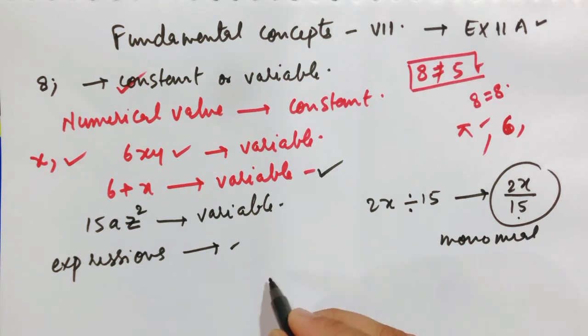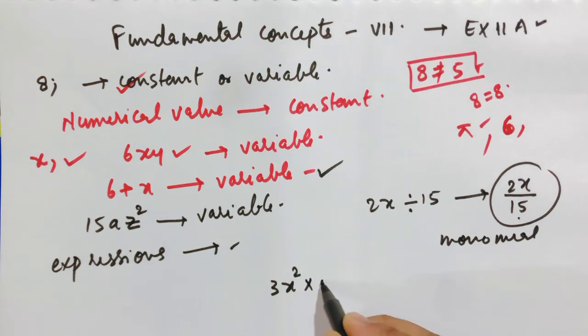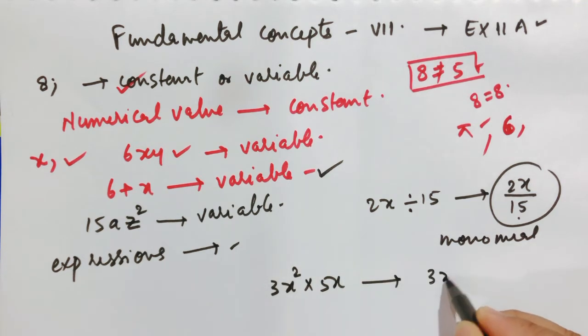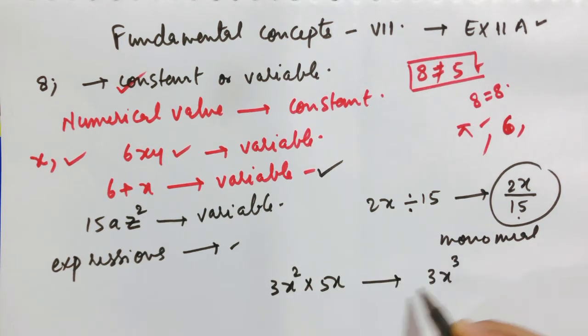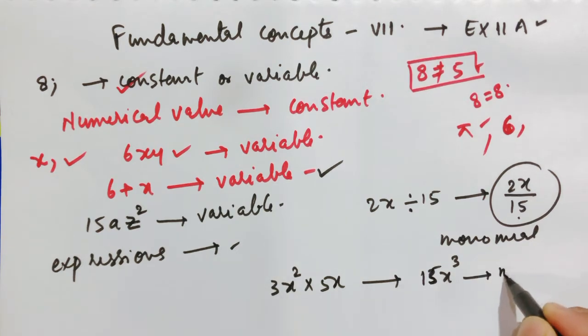Okay, 3x square, have a look. 3x square multiplied by 5x, what is this? How would you solve this one? You will get 3 5s are 15x cube. So it is also a monomial, meaning having one term.